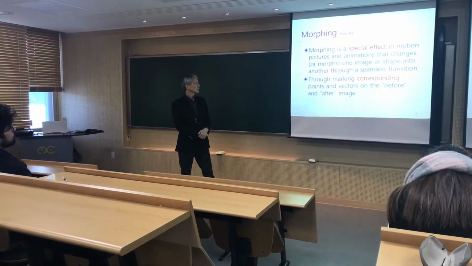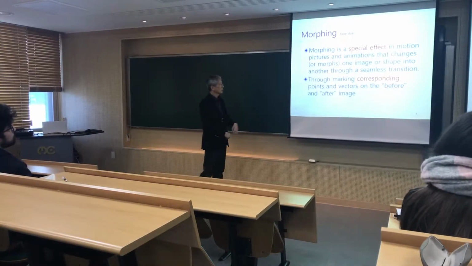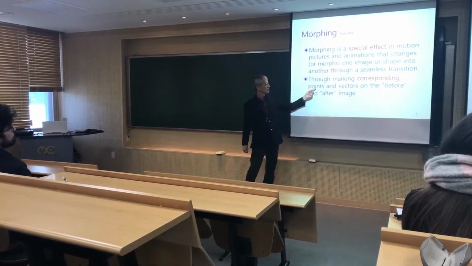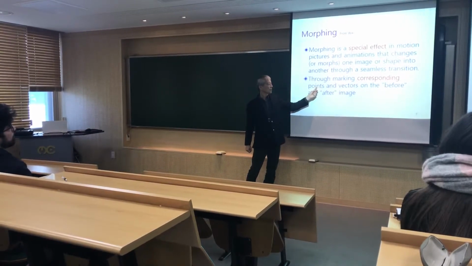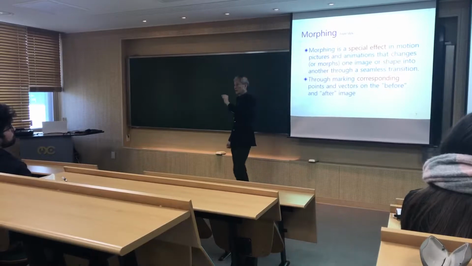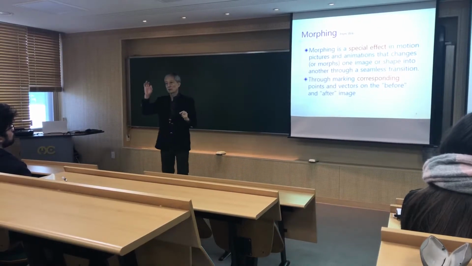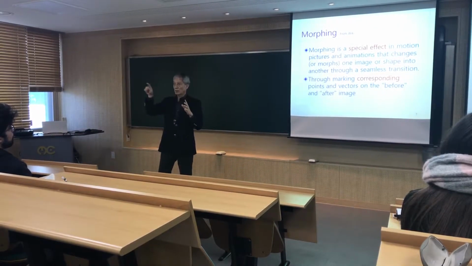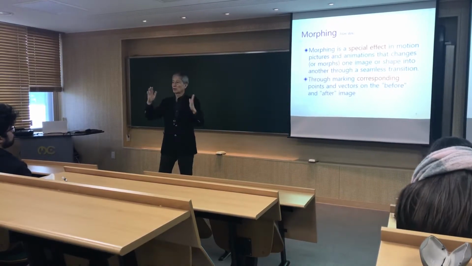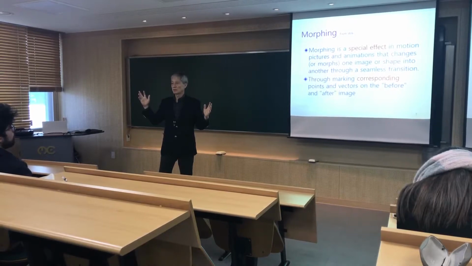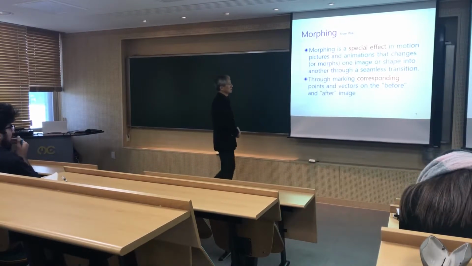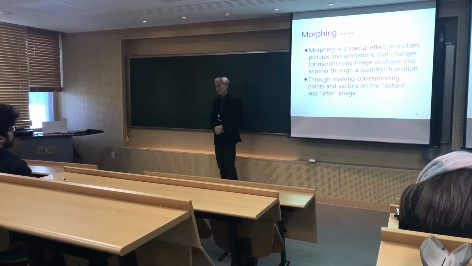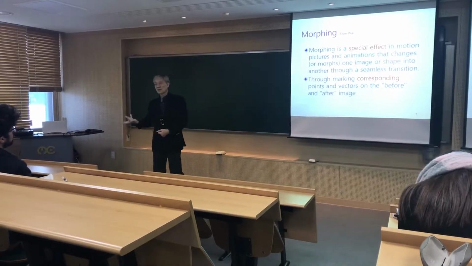So usually they find out some feature point. We said corresponding point or feature point, important point, corresponding important point, and then connecting them, and then you can find out some interpolation sometimes, right? Interpolation. There are more technical method to make a more smooth transition.